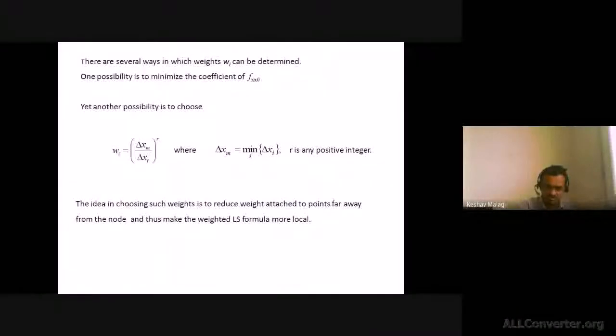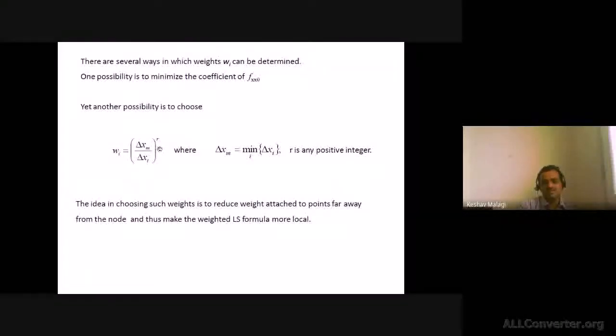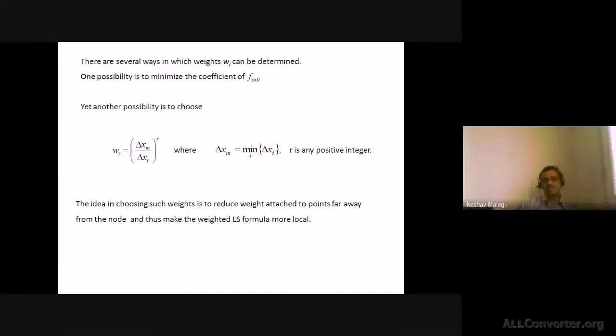So what does that do? You can put the weight such that it gives less weight to the points which are further away from the point at which we are evaluating than the points which are closer. So derivative is a local property, right? So the points which are closer to it should have higher weightage. And points which are farther should have less effect on this estimation.